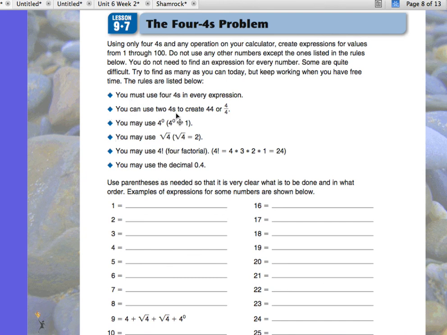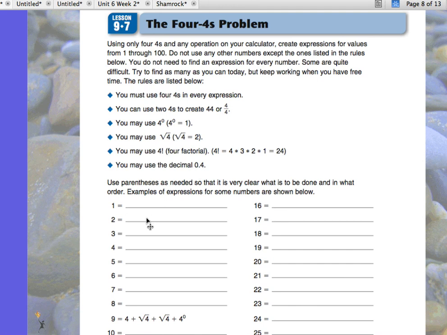You can use 2 fours to create 44 or 4 over 4. You may use 0 as an exponent. You may use square roots as well. You can also use the factorial, which is everything below it, so 4 times 3 times 2 times 1. And you can also use a decimal.